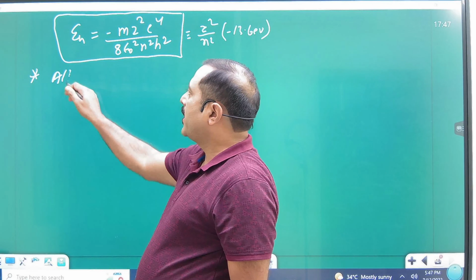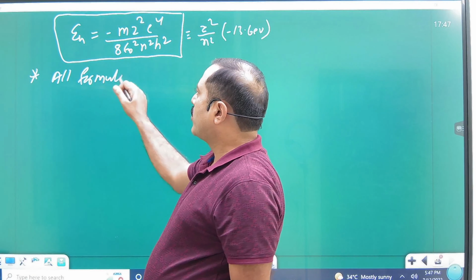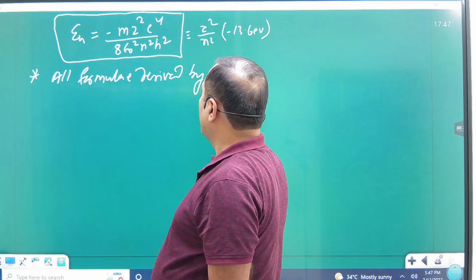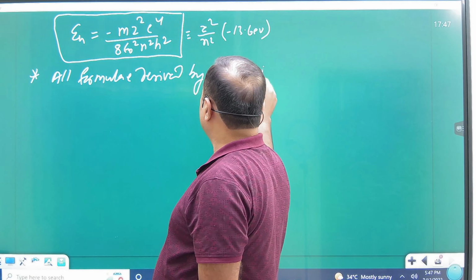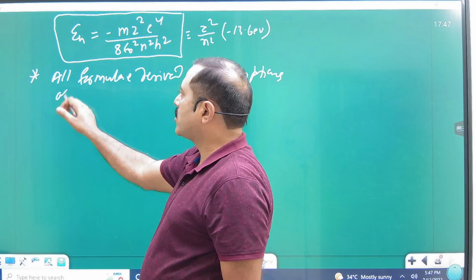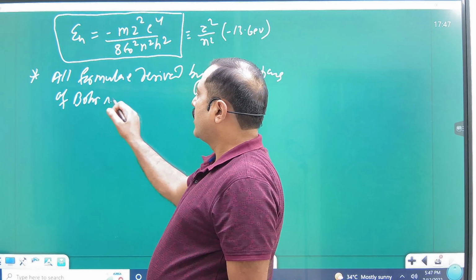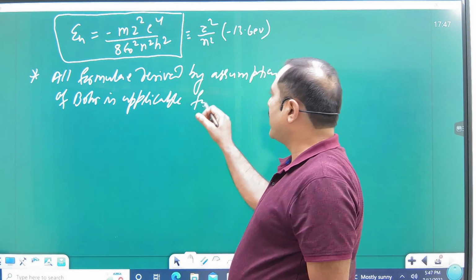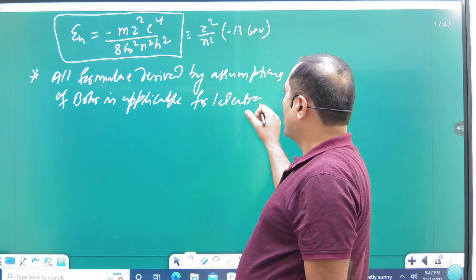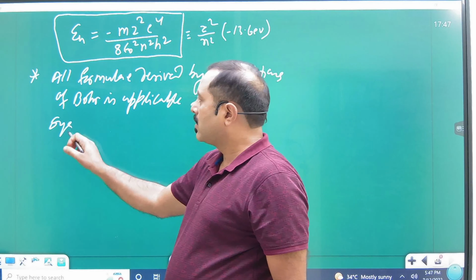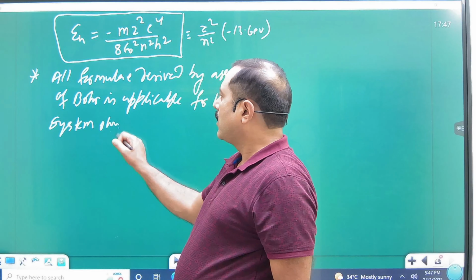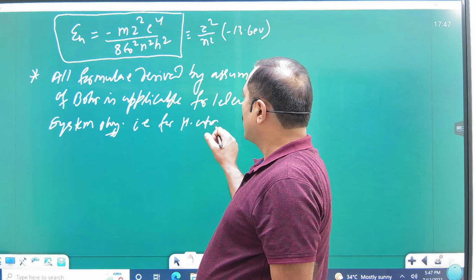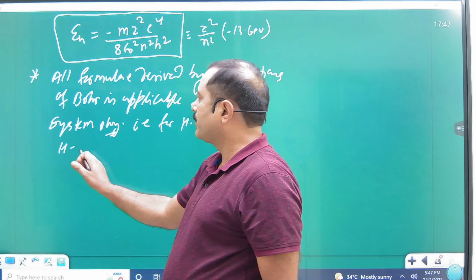All formulae derived by the assumptions of Bohr are applicable for one-electron atoms only, that is, for the hydrogen atom or hydrogen-like atoms.